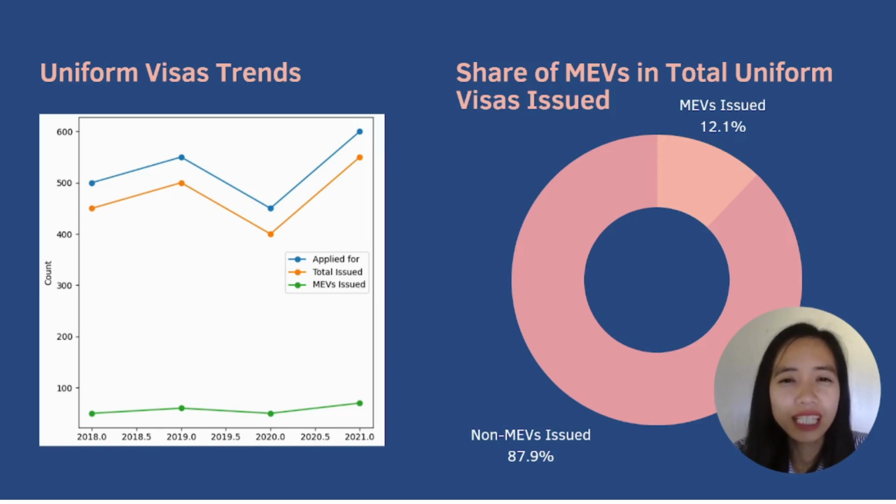Multiple entry visa is quite amazing because you can reuse it. You can exit the country and enter again, within the validity of the visa. Unlike single entry, if you go to that country and exit, you need another application to enter again.